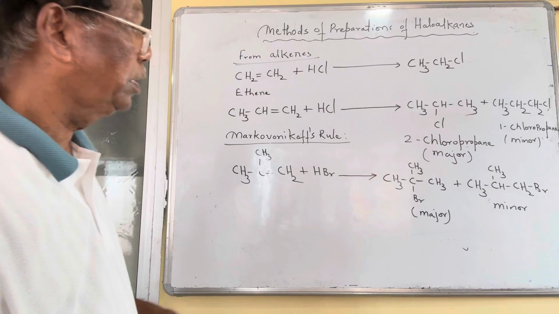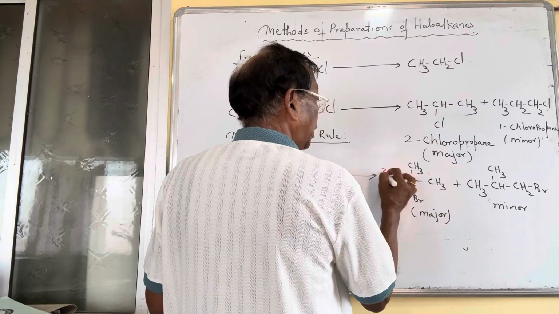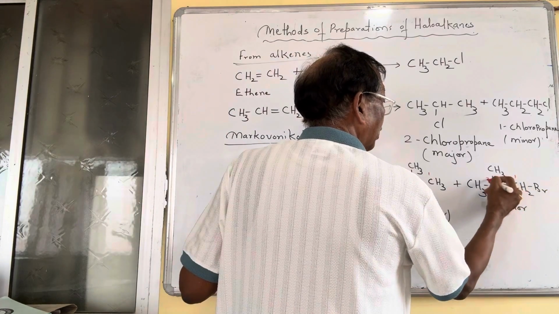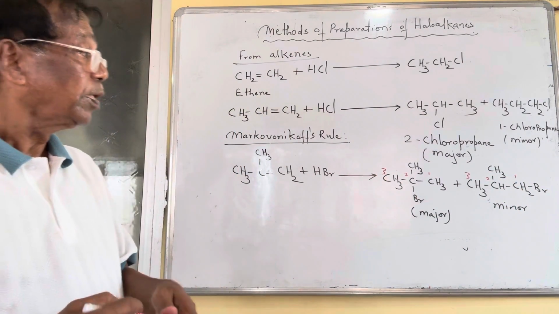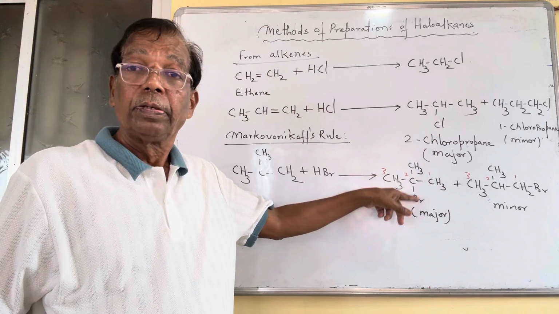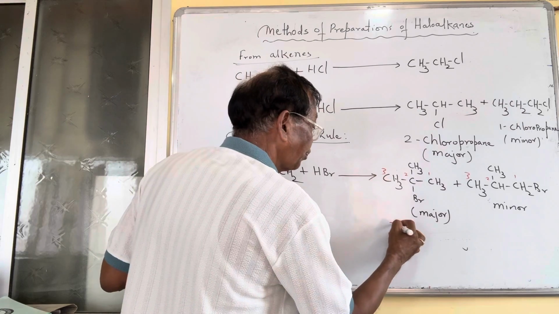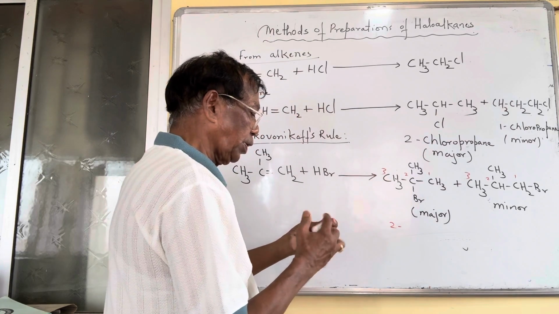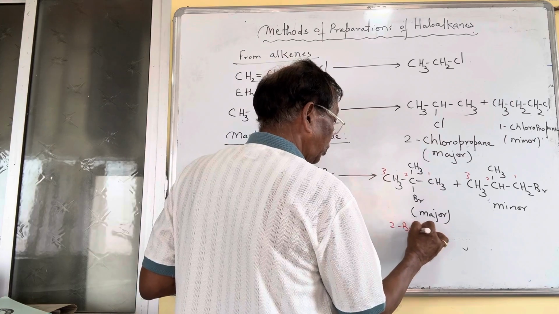Now in this case, the name you should already know. 1, 2 and 3. So this will be 2-bromo-2-methylpropane. It is better to always practice, remember, even writing the name.